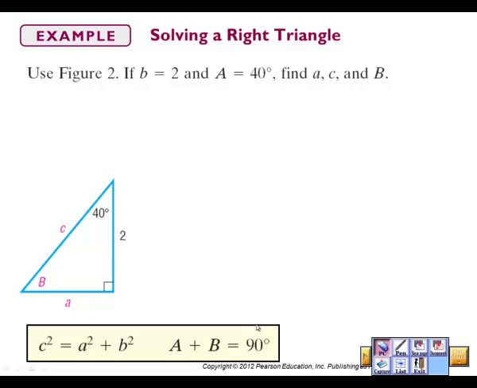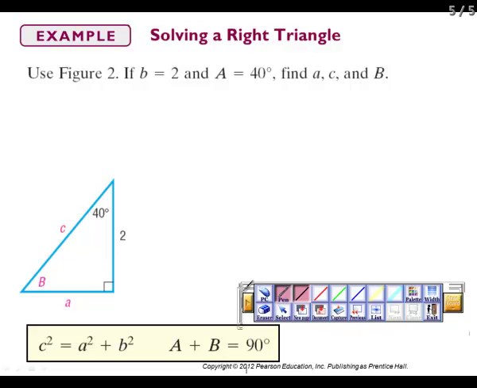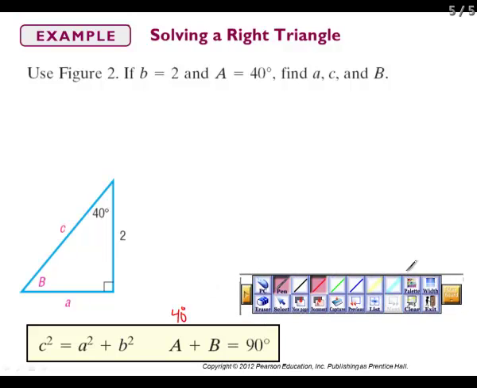So to start with, right away, if angle A is 40 degrees, and we don't know what angle B is, if we subtract 40 from both sides, we get angle B equals 50 degrees. So we know this is 50 degrees, and we're given that side B is 2, a value of 2.